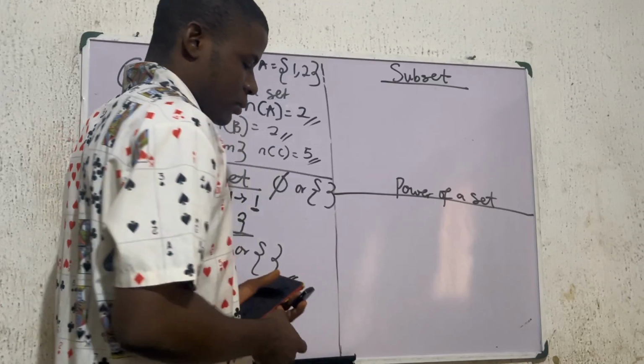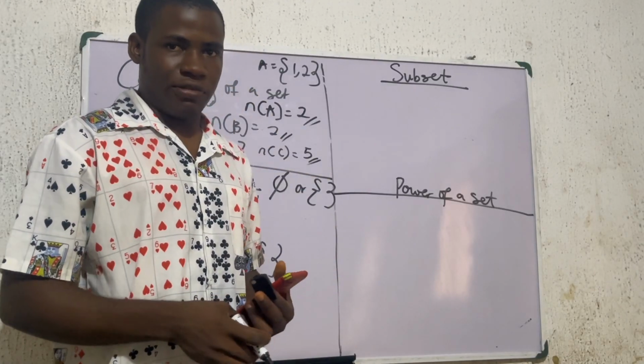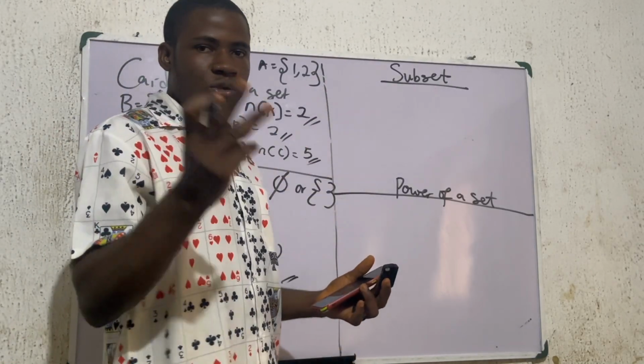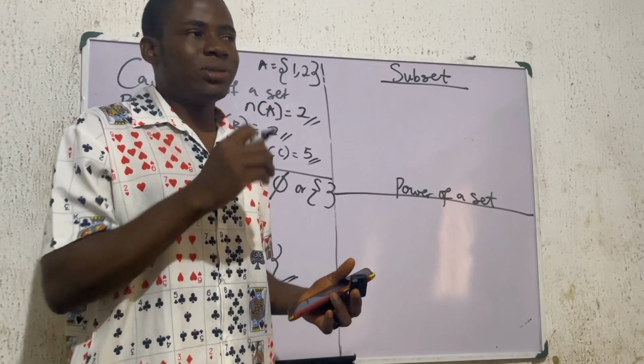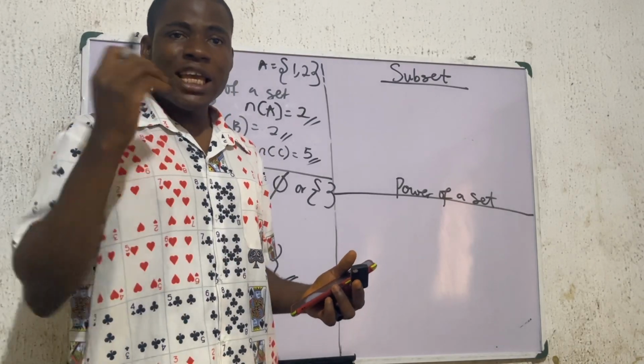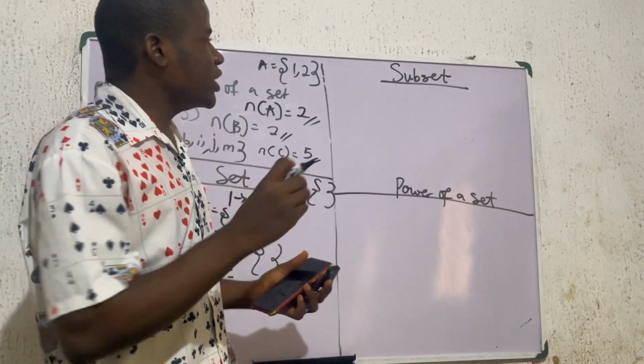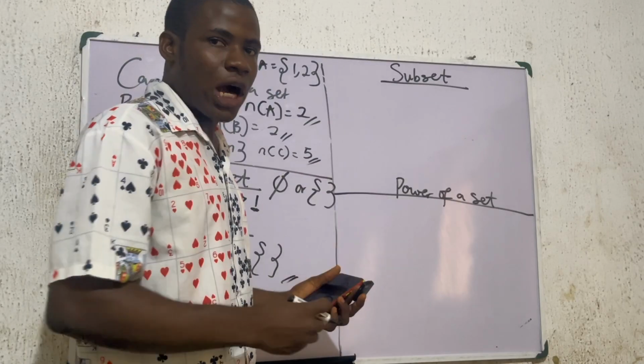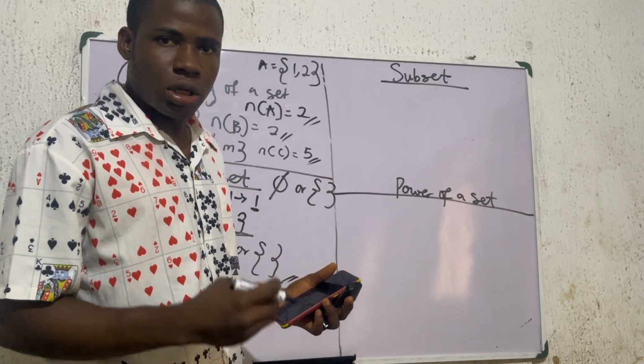Now, subset. Listen to me, be very careful. When I talk about subset, I use two things. Set A is a subset of set B if and only if all the elements in set A are contained in B. I hope you understand.